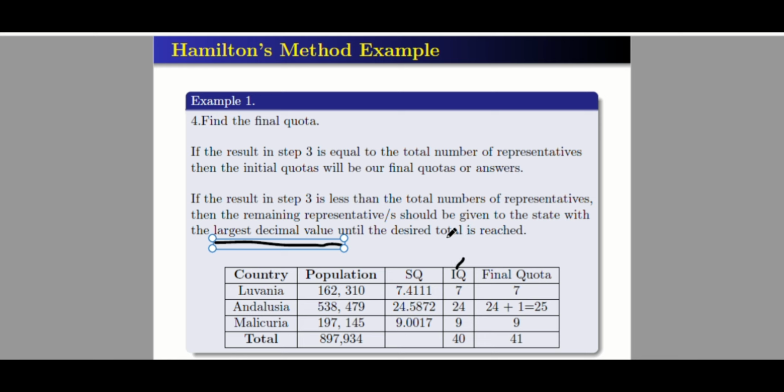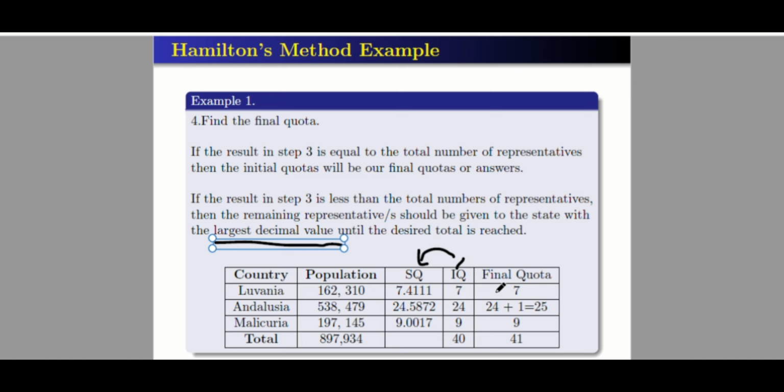Now, for step number 4, we will go back to our standard quota, our SQ. This time, we will only look at the decimal places. Let's start with the tenths value. We have 4, 5, and 0. Which of these is the largest? The largest, of course, is 5.